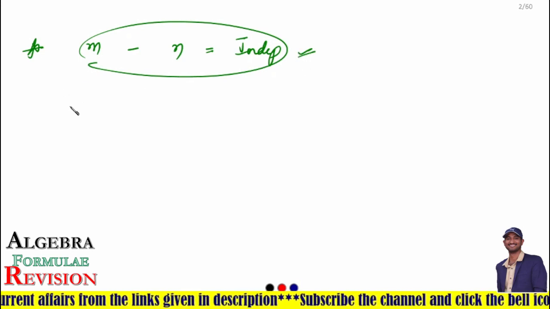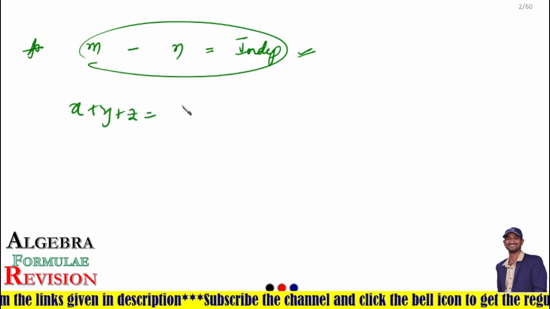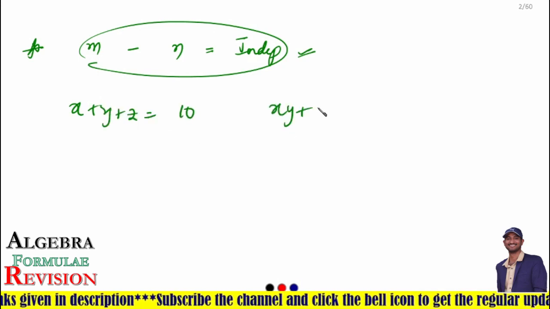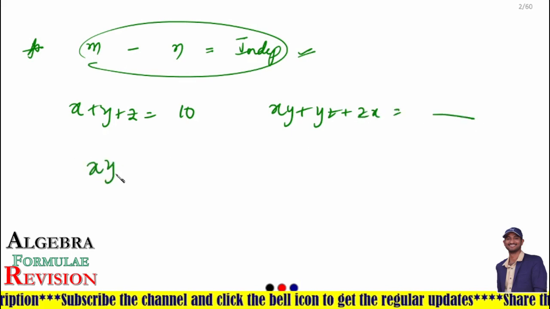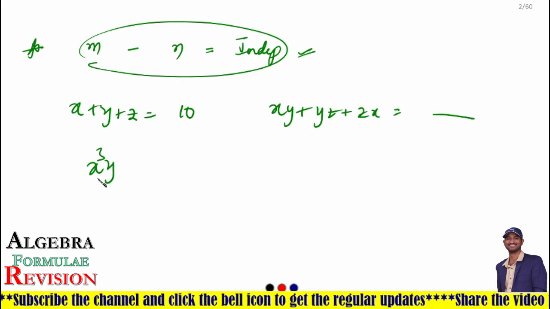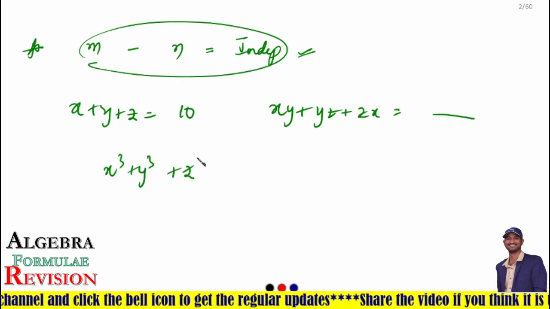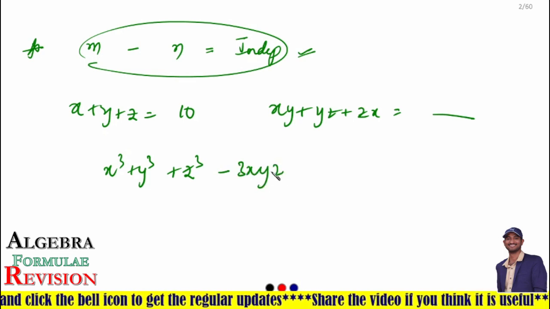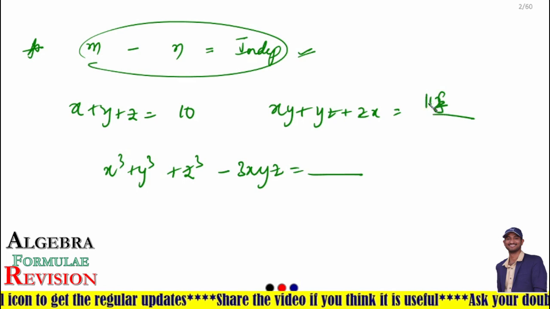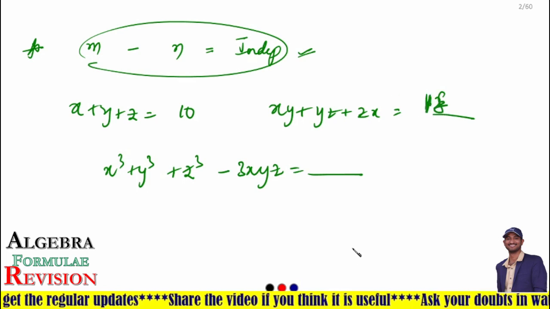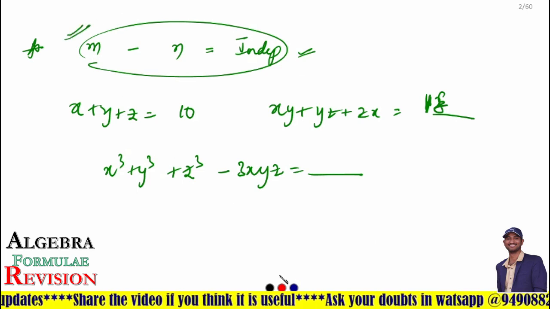Suppose in the question x plus y plus z is given as 10 and xy plus yz plus zx is given as something, and we have to find the value of x cube plus y cube plus z cube minus 3xyz. Suppose it is 12 or 18, like this. Then how do you solve this? We have some formulas, but how can we solve this using this concept?